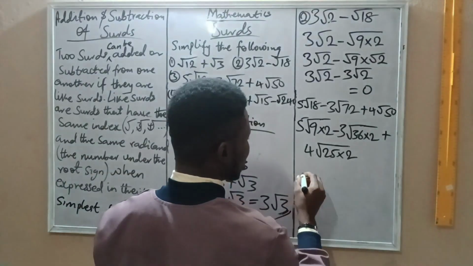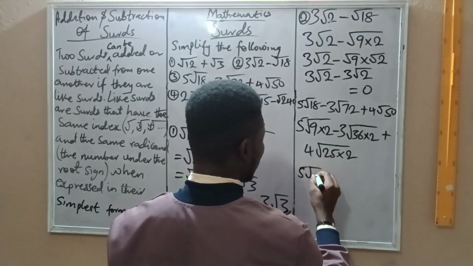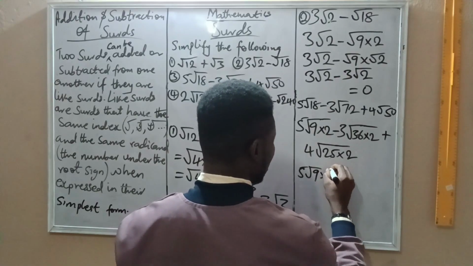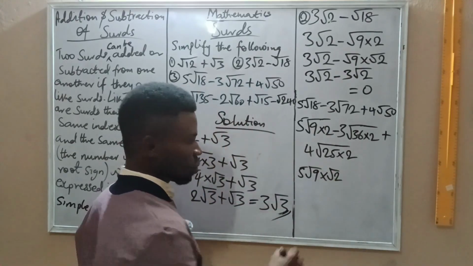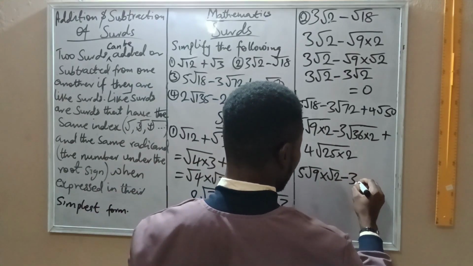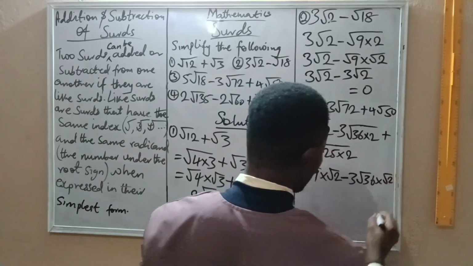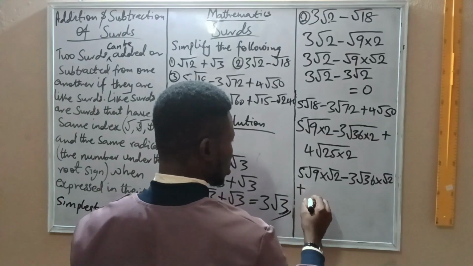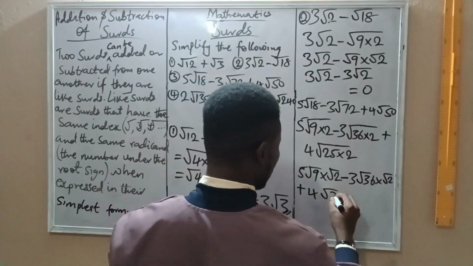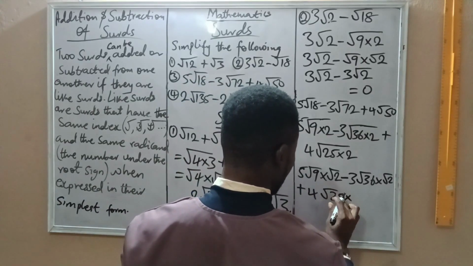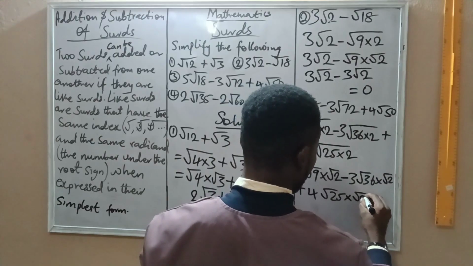And if you go for that, we get 5√9 times √2, minus 3√36 times √2, and plus 4√25 times √2.